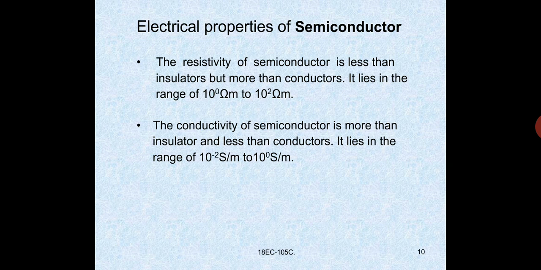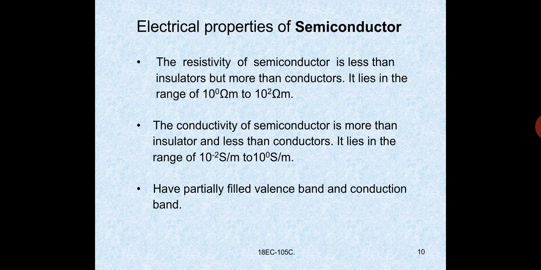The conductivity of the semiconductor is more than the insulator and less than the conductors, and it ranges between 10 to the power of minus 2 mhos per meter to 10 to the power of 0 mhos per meter. These have partially filled valence and conduction bands. The forbidden gap energy in the semiconductor is up to 1.1 electron volt.